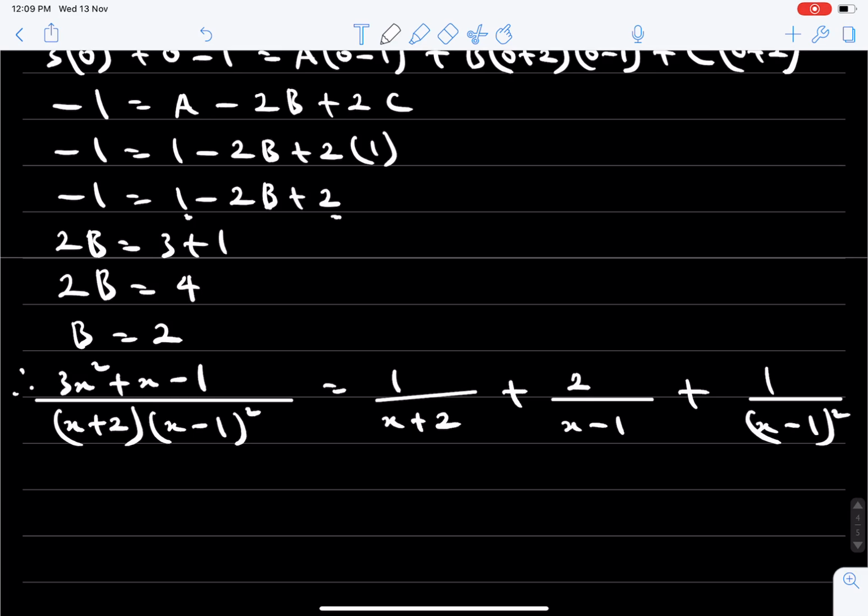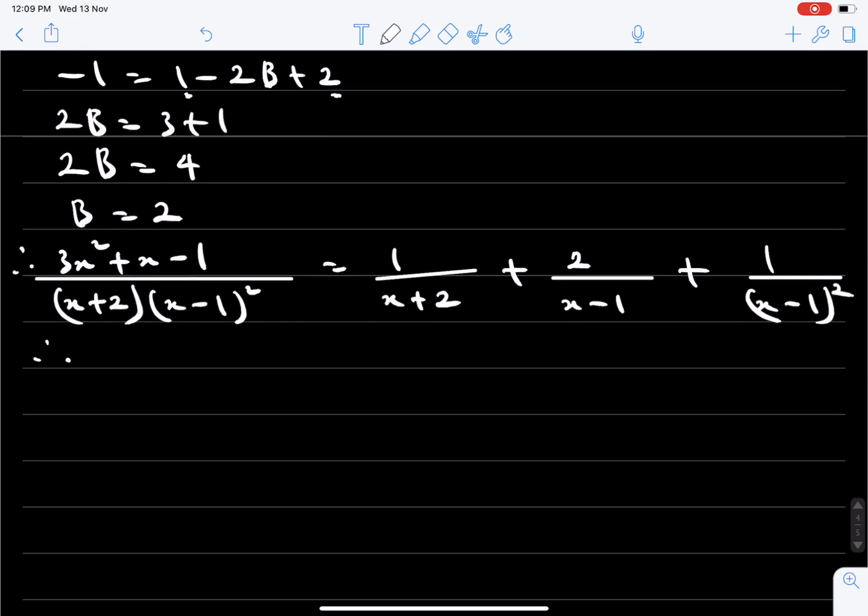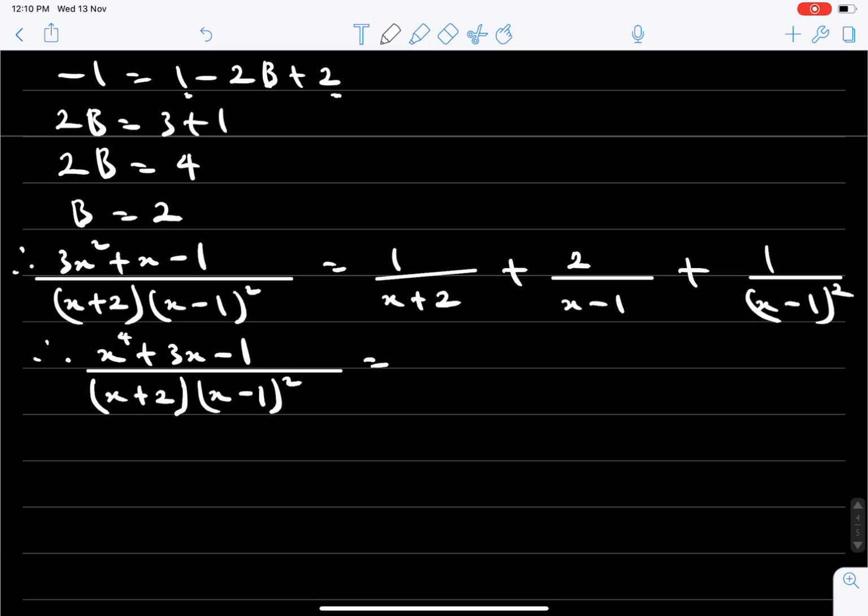Therefore, the original compound fraction, which is x raised to the power 4 plus 3x minus 1 divided by x plus 2 times x minus 1 squared, gave me x plus 3x squared plus x minus 1 over x plus 2 times x minus 1 squared.